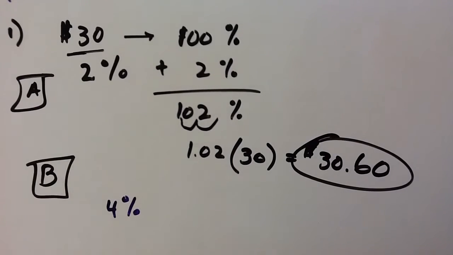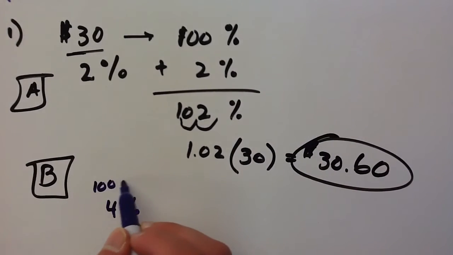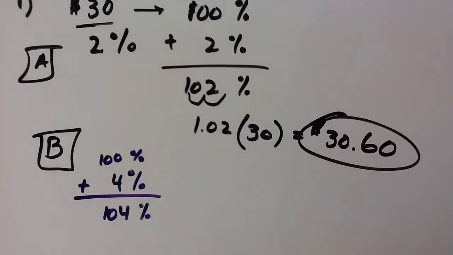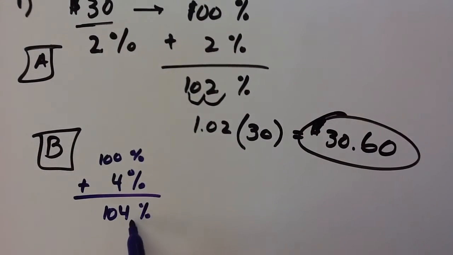Okay, so you're going to pay all of the price for the sweater, which would represent 100%, right? All of the price is 100%, plus you're paying 4% in sales tax, for a total of 104%. You're paying 104% of the original price. Okay, so make this percentage a decimal by dividing by 100 or moving the decimal 2 places to the left.